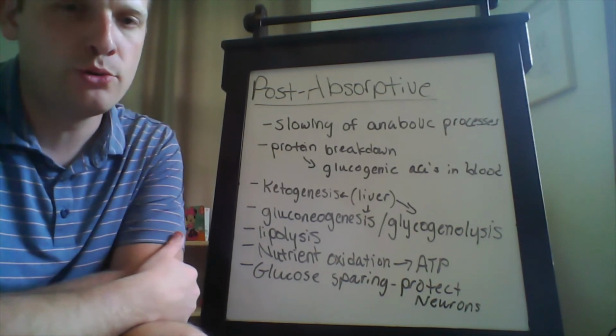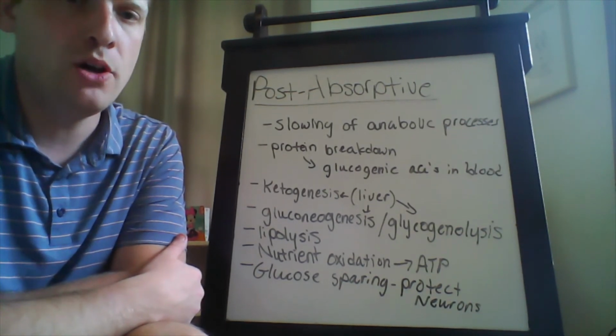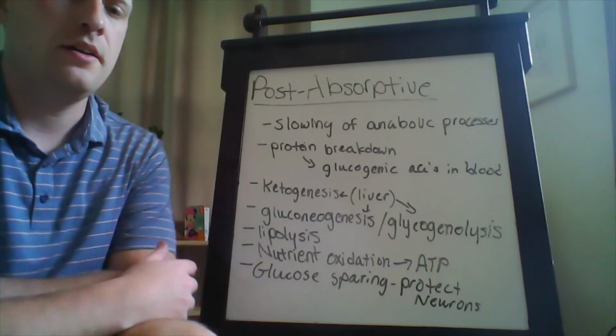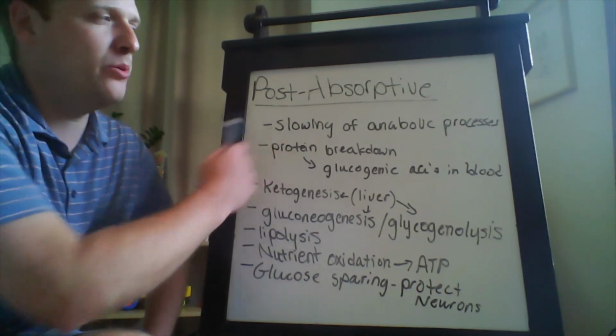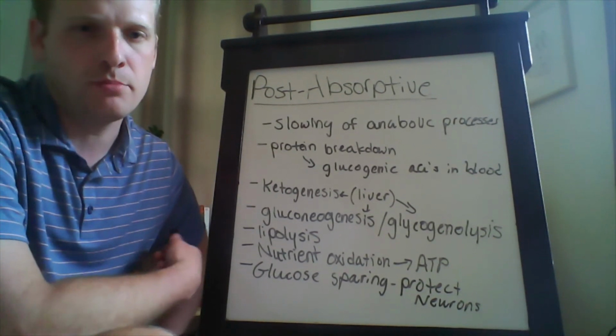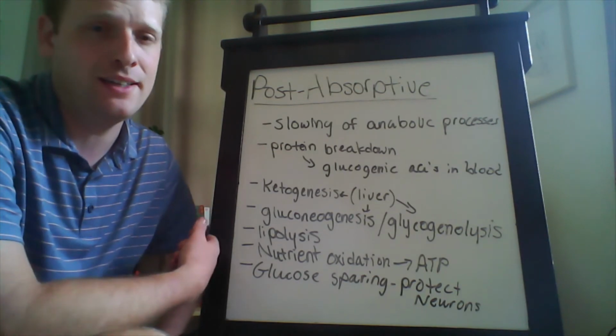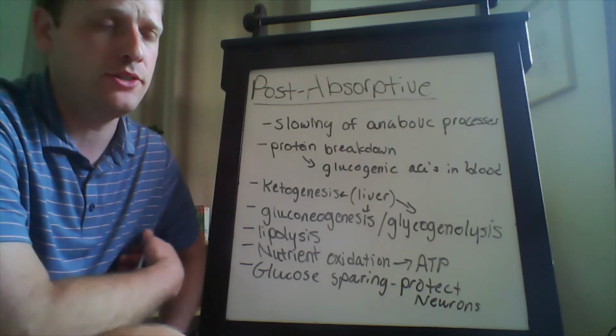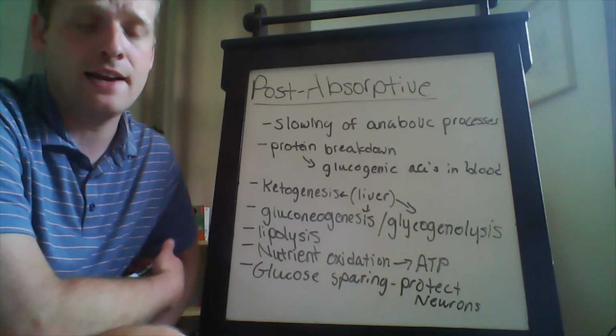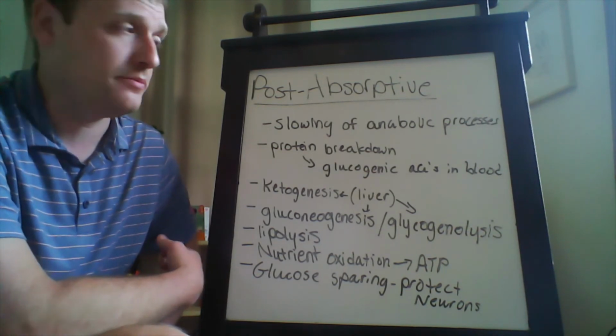So just some general features of the post-absorptive state. You're going to see things happen like slowing down generally of anabolic processes. So you're not going to be building too many things during the post-absorptive state when you're at a loss for nutrients.